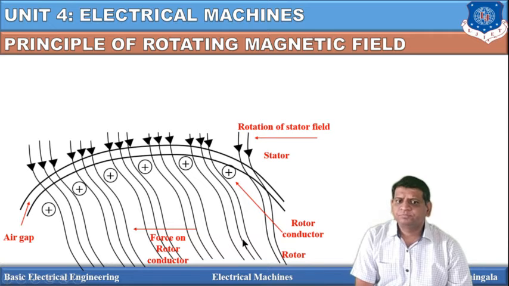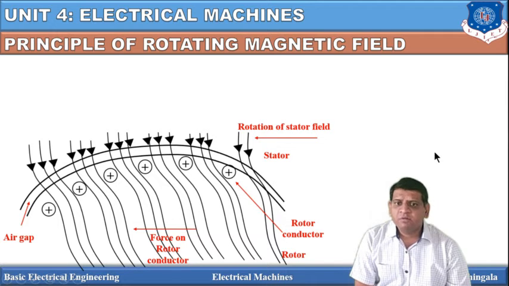When you apply the three-phase signals, the stator will produce a rotating magnetic field, and there is a small air gap between the stator and rotor. With this phenomenon, the rotor is also going to rotate and follow the direction of the rotating magnetic field.